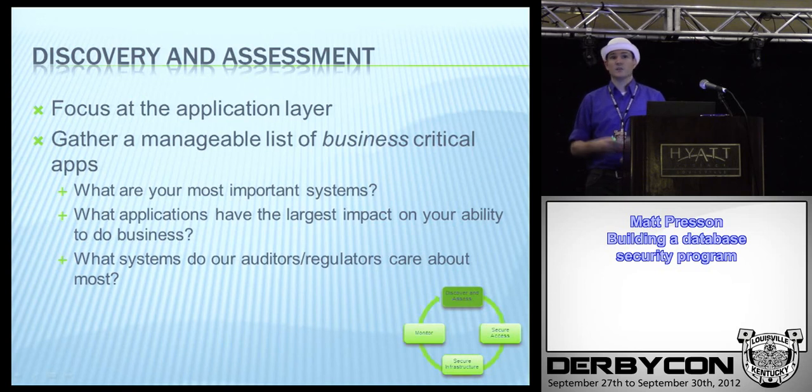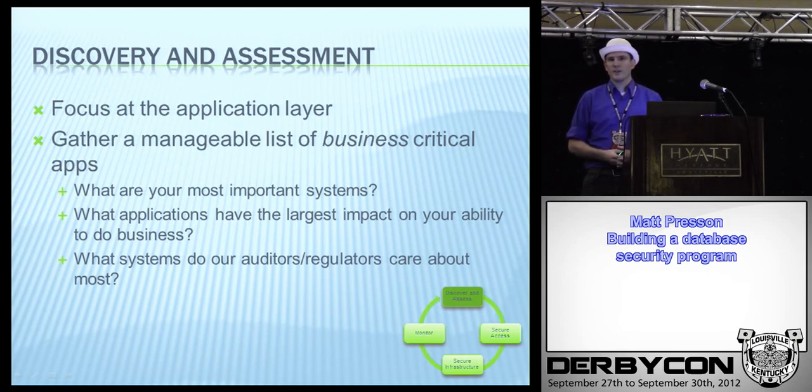What they do know is the processes that they use, the applications that they interact with every day, and what has to be up and running for them to do their job. So what you want to do is go and engage the business and figure out what are these critical systems, these critical applications that my organization needs to run every day.